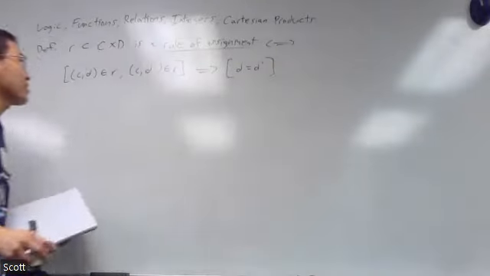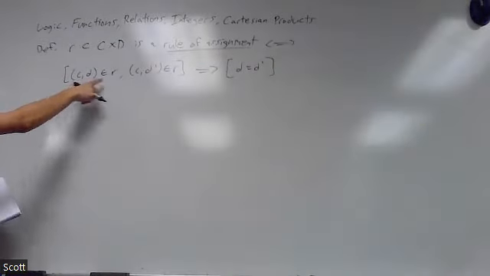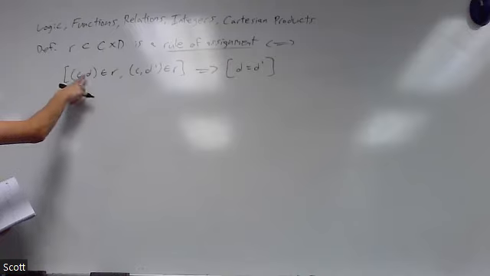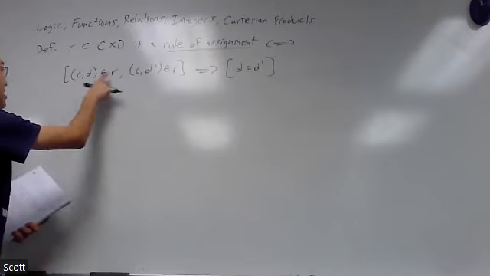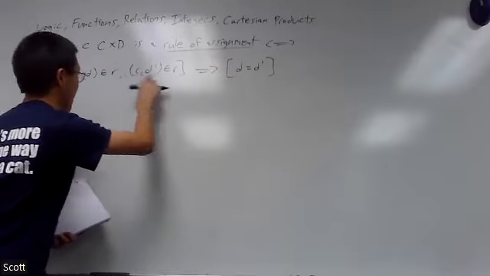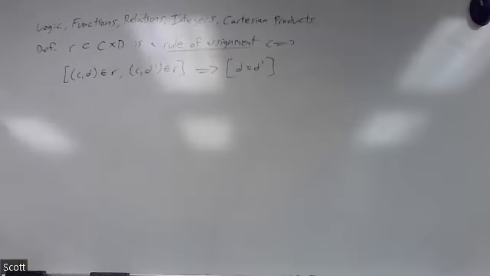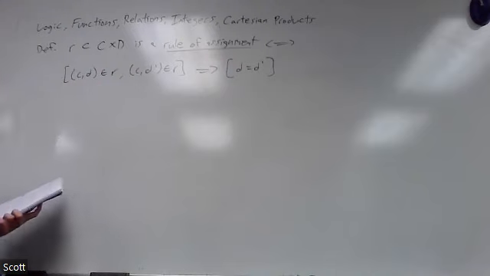So symbolically, this is representing that for every single C, there can only be one D. In the event that you have C going to D and D prime, those actually have to be the same thing. So there's no instance in which you can have one element going to two different elements.